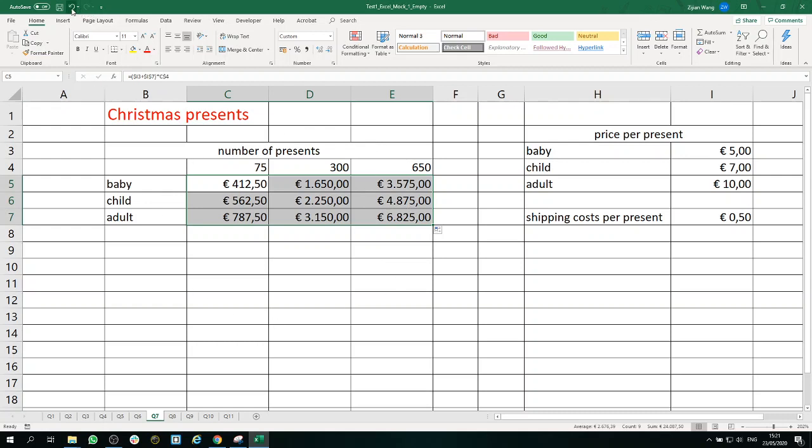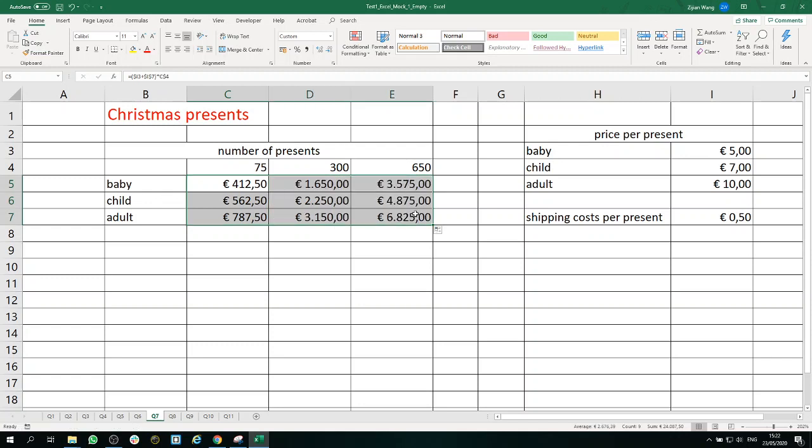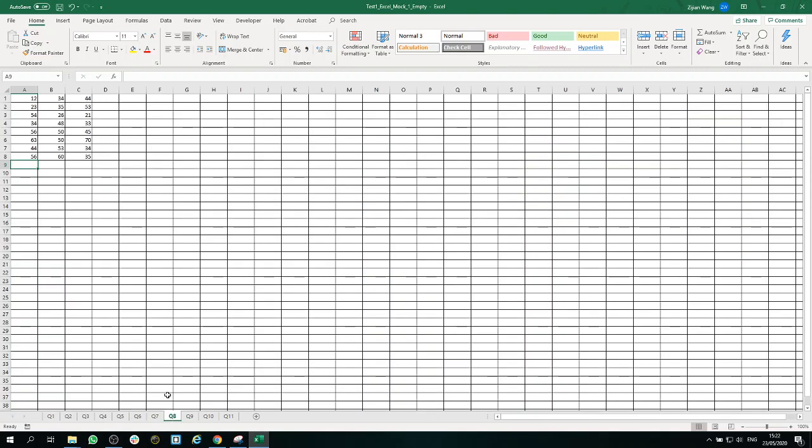So what's important is to figure out this answer. If you have the right answer in this step, the rest is just a matter of drag and drop. That is question 7. Let's move on to question 8.